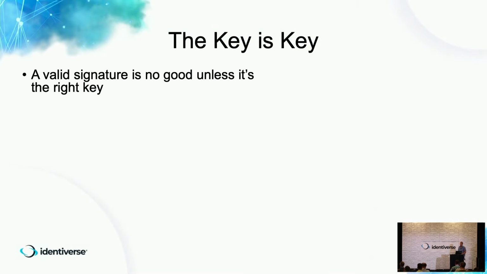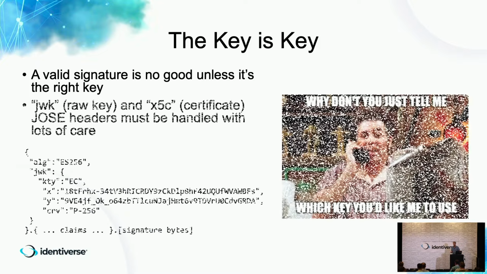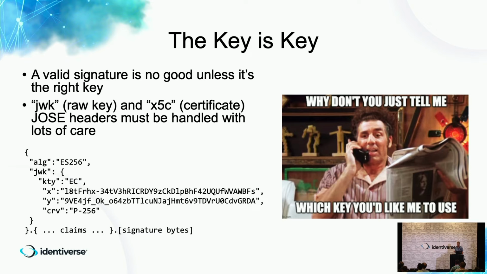Identifying the key or trusting the key. A valid signature itself is no good unless it's been signed with the right key. And one of the headers, JWK, is the raw key itself. And there have been a number of implementations that will accept a JWS with the public key to verify it in the header.